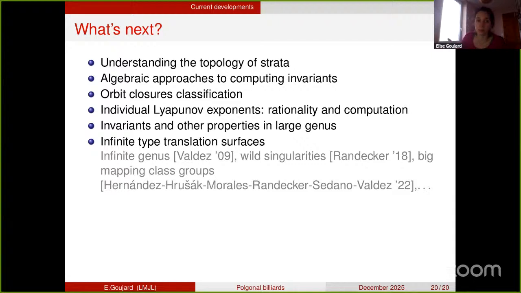So you get translation surfaces of infinite area. There is a nice development about these infinite type translation surfaces, but we don't know much so far. For instance, classifying the type of singularities that arise on such surfaces is already very hard.